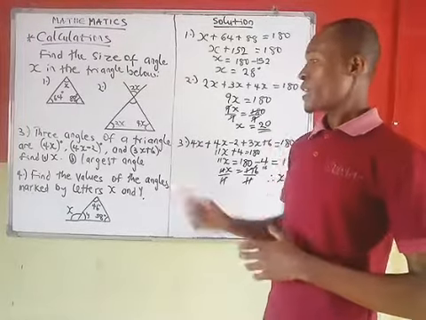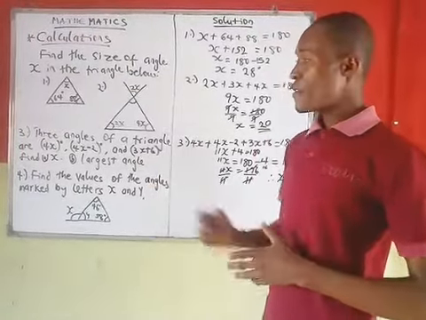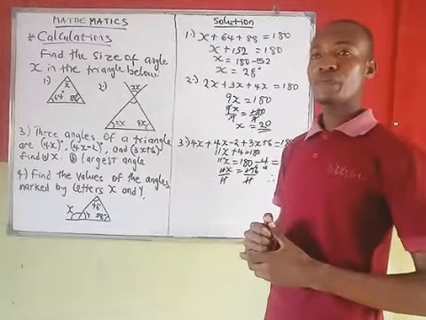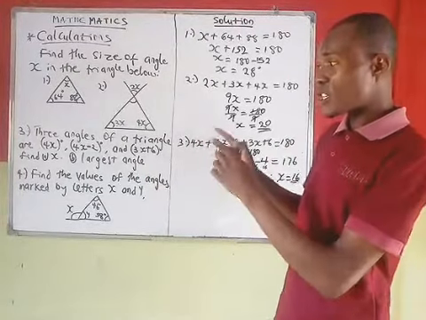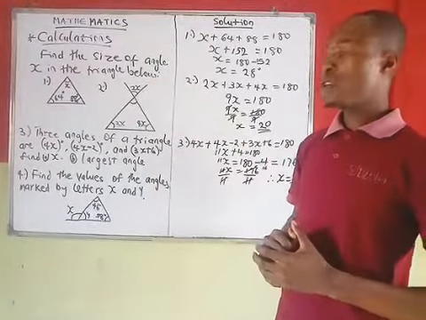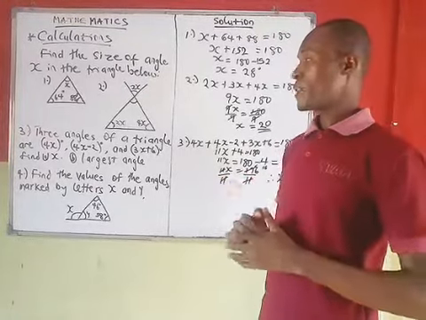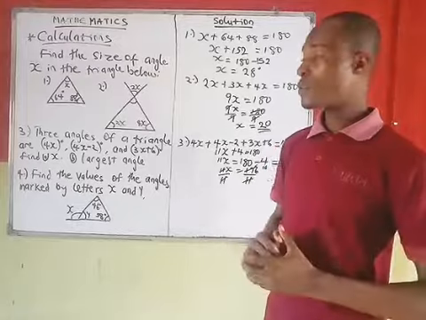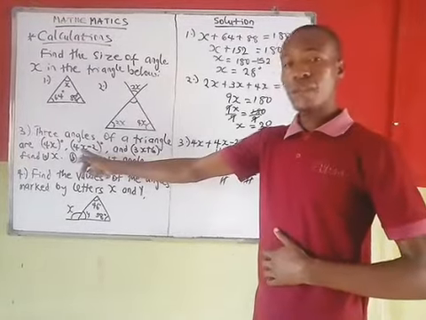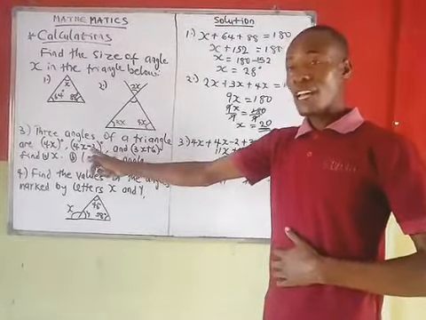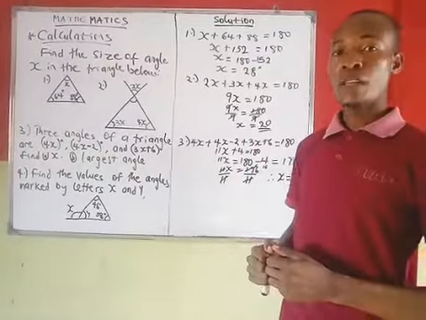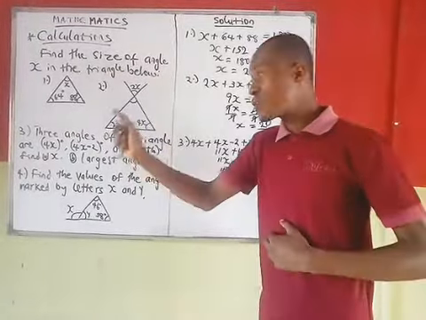That is your answer. In the second one, you have 4x minus 2. You have to take each of them so that you can identify the one that represents the largest angle. So into this, you do the same thing: 4 times that value of x which we have gotten. Whatever it gives you, subtract 2.